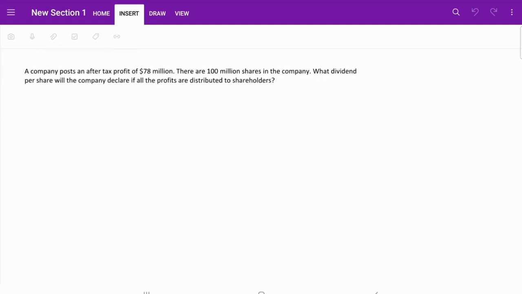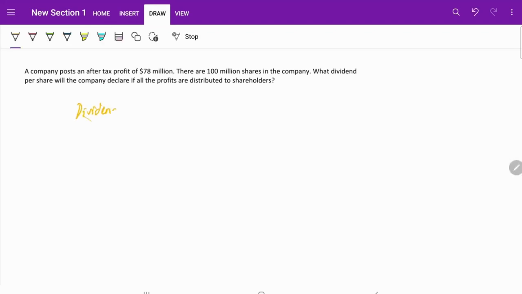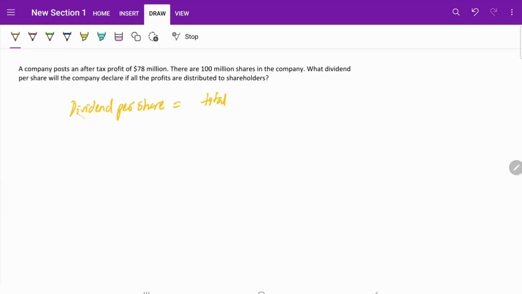So in this case, we want to apply our formula, which is dividend per share is equal to total after tax profit over total shares. And so in this case, our total after tax profit is given as $78 million.